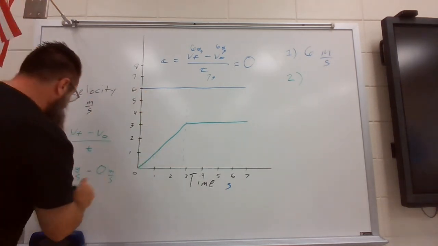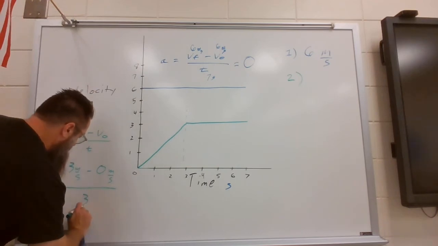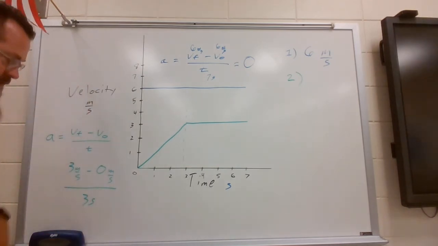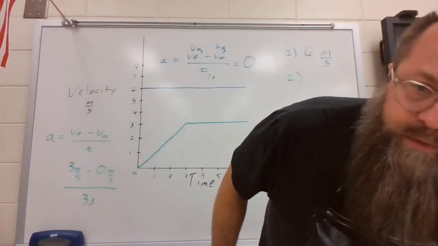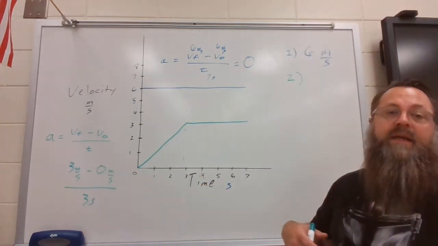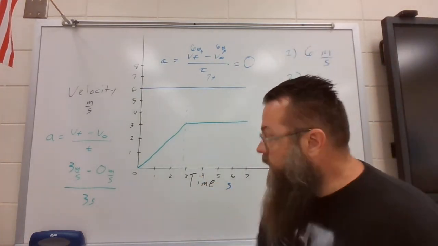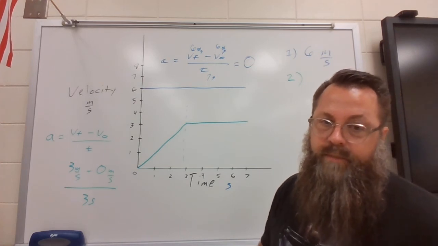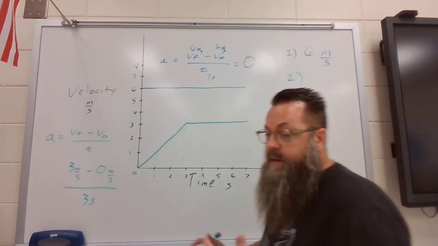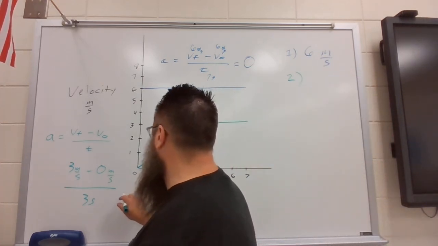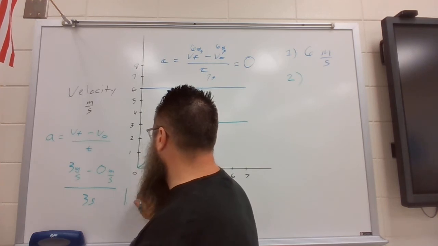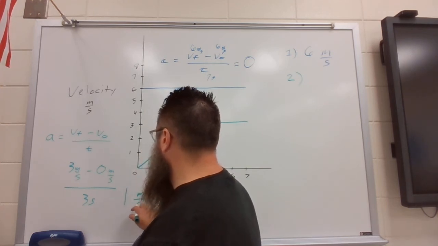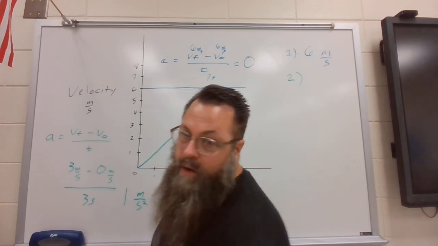And how long did it take to make that change? 3 seconds. So obviously 3 minus 0 is still 3. Divided by 3 is 1. But now the unit. With accelerations, units should be 1 meter per second squared.